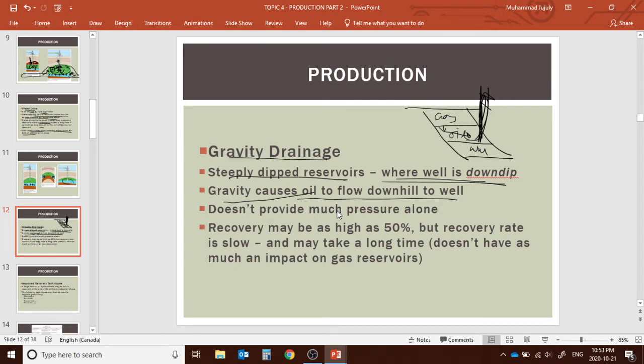It's not like only gravity drainage works a significant part, but of course the gas cap and the water drive also work in a combination, just like a sandwich, okay. So that's why we say there's a combined effect, because it doesn't provide much pressure alone, but the recovery could be as high as 50%, but it is slow, as you know, the gravity is a very slow process, okay.